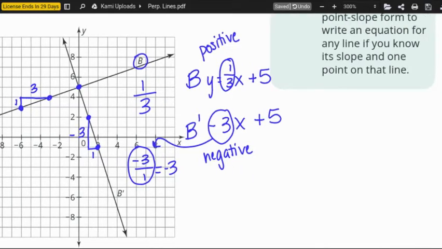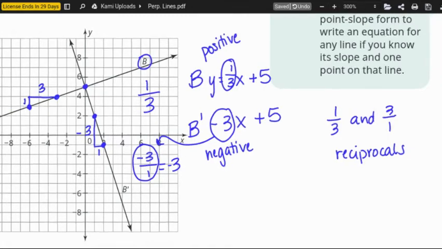So 1/3 and 3 over 1 are called reciprocals. So not only did our sign change, but we are now using the reciprocal of the original slope. This is the pattern that's going to exist with all perpendicular lines.